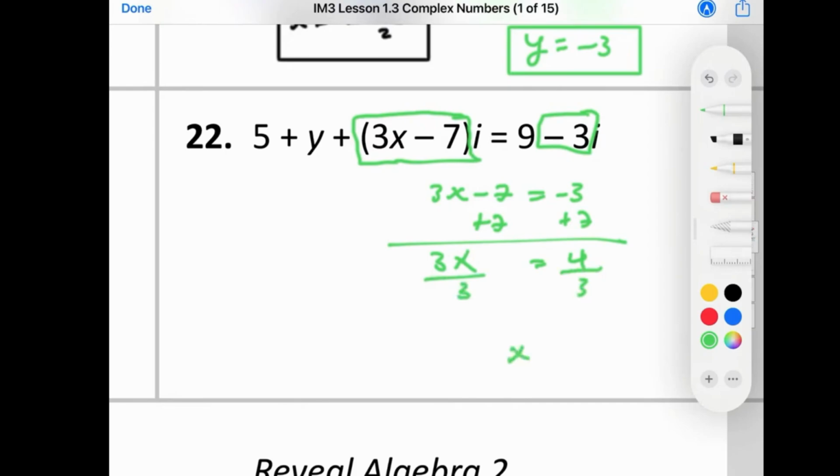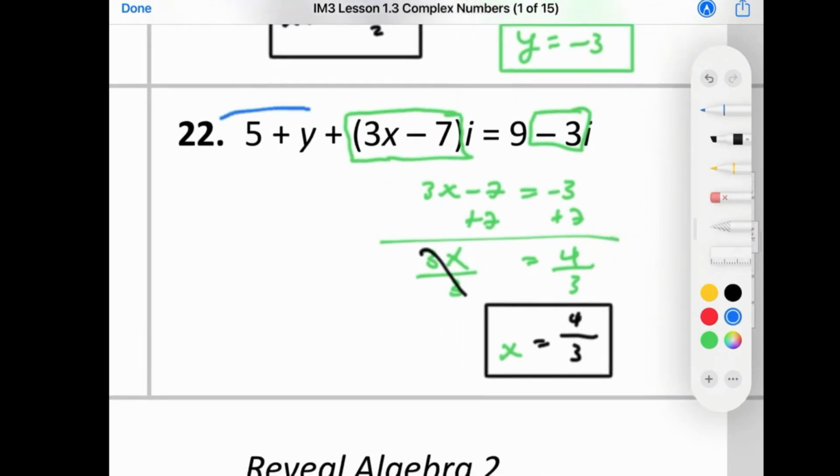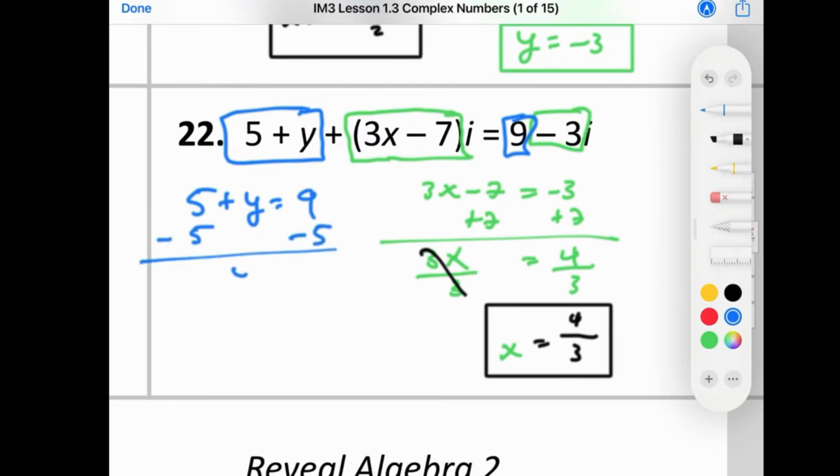Divided by 3, I get x equals 4/3. Over here in blue, all of it has no i in it. So 5 plus y equals 9. I'm using the opposite, so this is positive 5, so I'm going to subtract 5, and I get y equals 4.